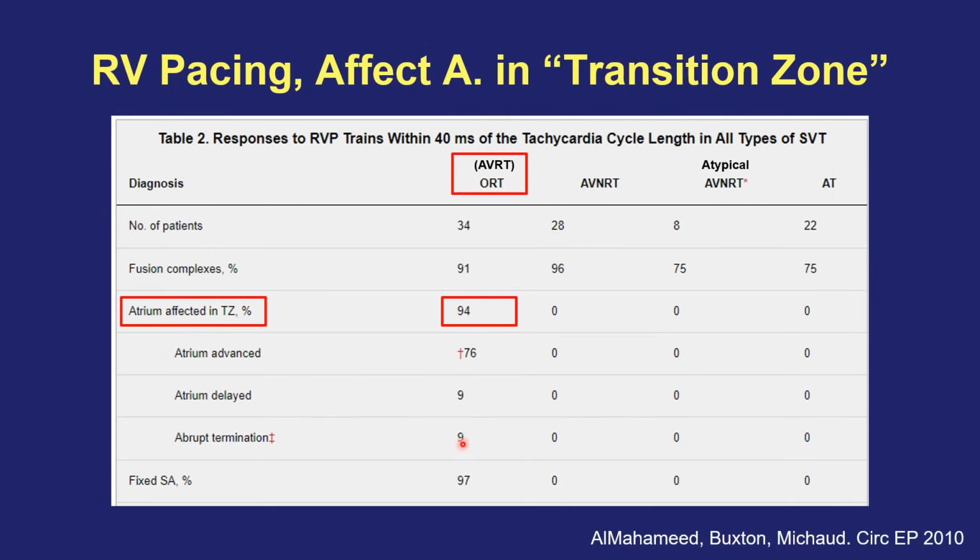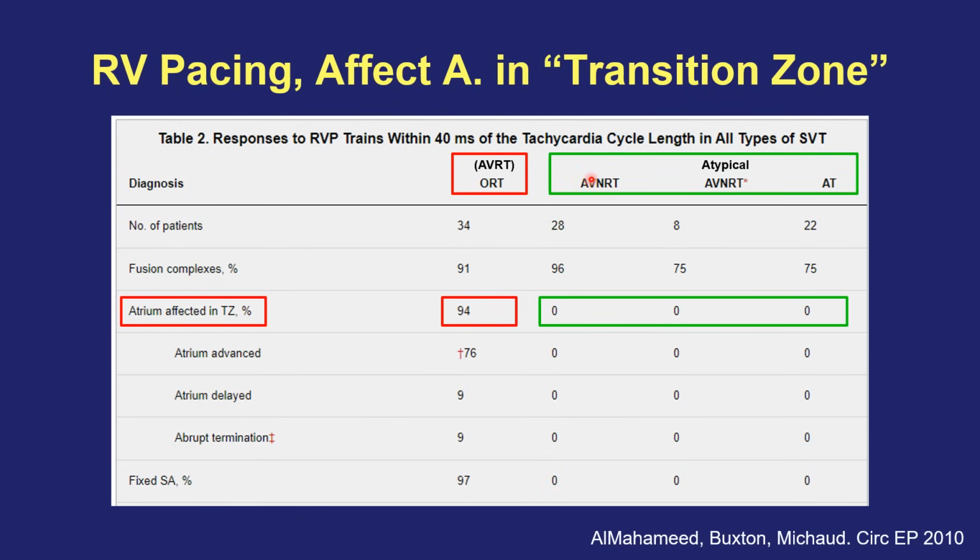If you terminate it during this transition zone of ventricular pacing, that is a powerful observation telling you you are dealing with ORT, AVRT, or even if you delay the atrium, which I'm going to talk about in the next case in a moment. Compare and contrast this with AV node reentry of the typical type, AVNRT of the atypical type, or atrial tachycardia.